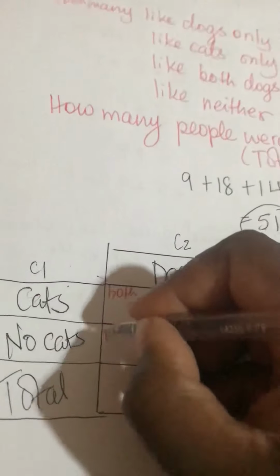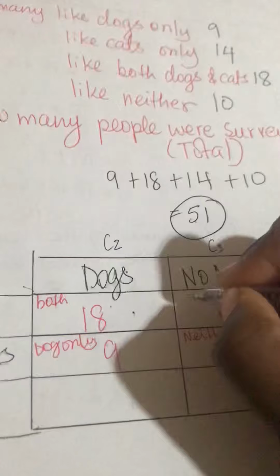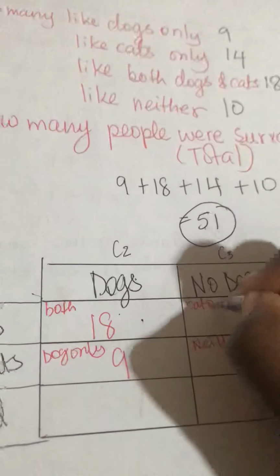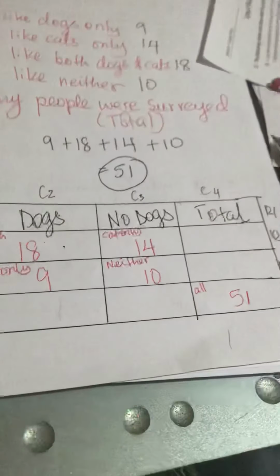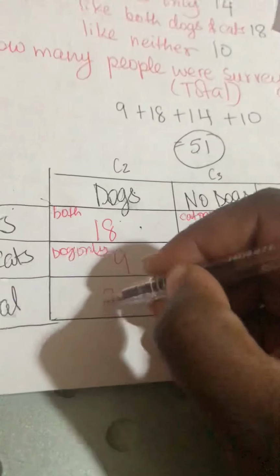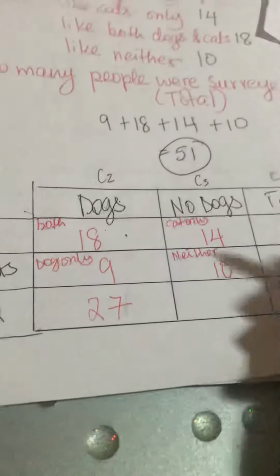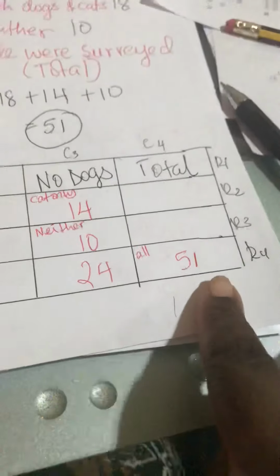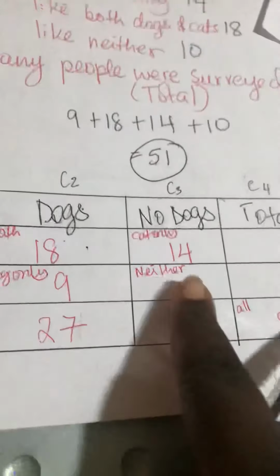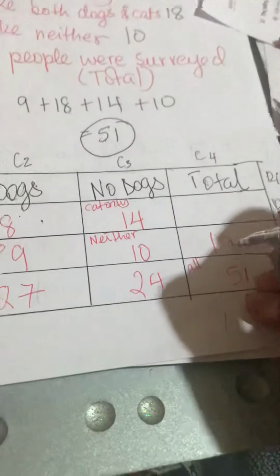So that means cat only, and cat only is 14. And that's it. Then you add 18 plus 9, that should be 27. 14 plus 10 should be 24. 27 plus 24 should give you 51. 9 plus 10 should give you 19.